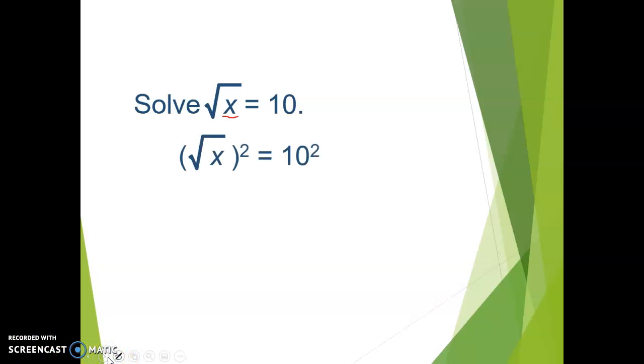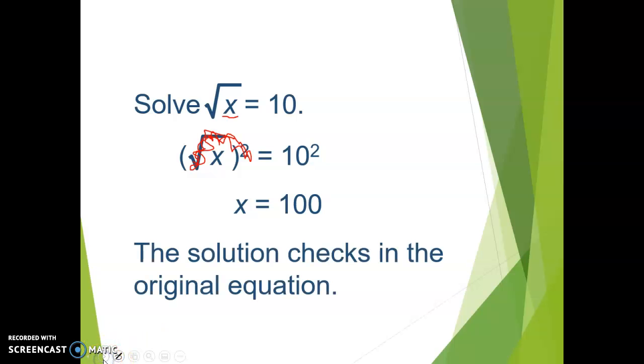So the first thing we want to do is square that left-hand side so that it will get rid of the root symbol. But whatever we do to the left, we also have to do to the right. When we square our root x, we get just x because the square root symbol and the squaring are inverse operations. They undo each other. And on the right-hand side, 10 squared equals 100.